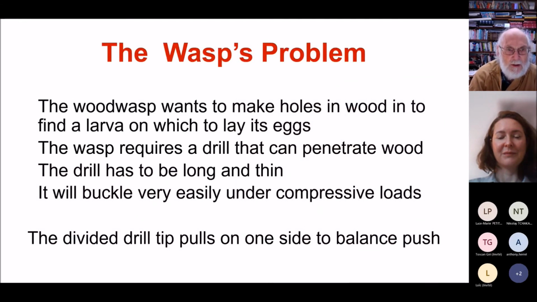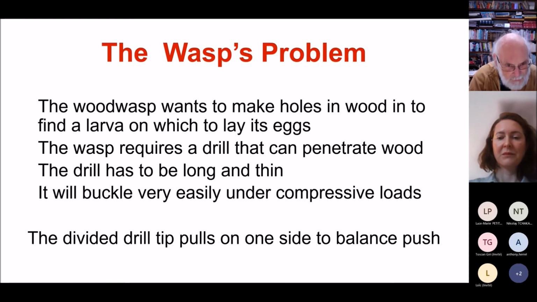Next, please. And the wasp has a problem because it's got a very thin ovipositor, but it needs to be able to penetrate wood. And if you use a standard drill, that means you have to press on the drill to get it to go in. But with a very thin drill, it's going to buckle. And so the answer from a technological point of view, obviously, is that you make the drill short and fat.